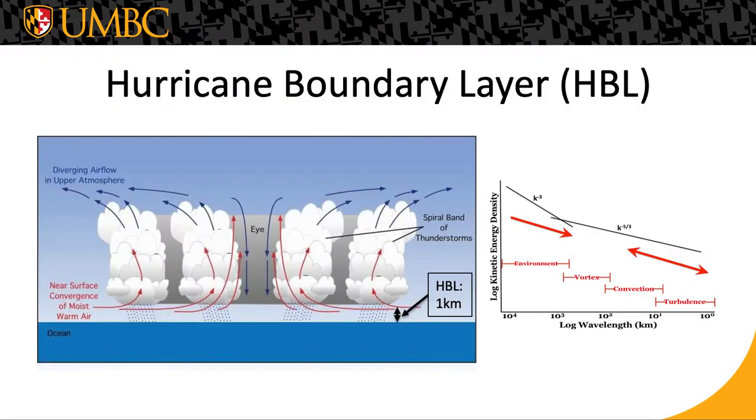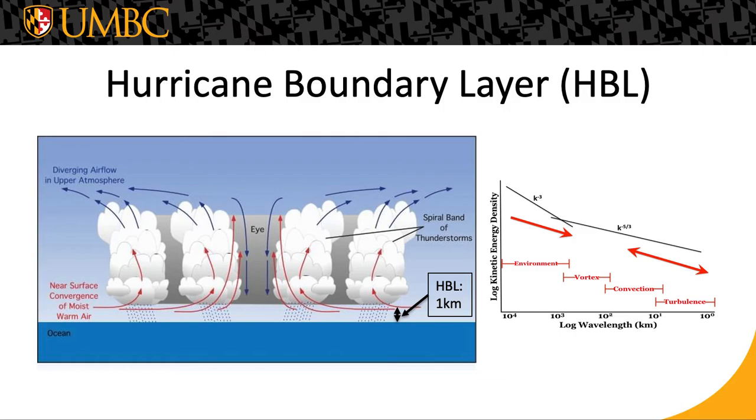So as for background, here you can see the overall structure of the hurricane, where the bulk of the energy lies in the highly turbulent HBL, or hurricane boundary layer. The peak winds in a hurricane are at this lower level due to the warm core nature of the system, which interacts strongly with the ocean surface, producing significant vertical wind shear.